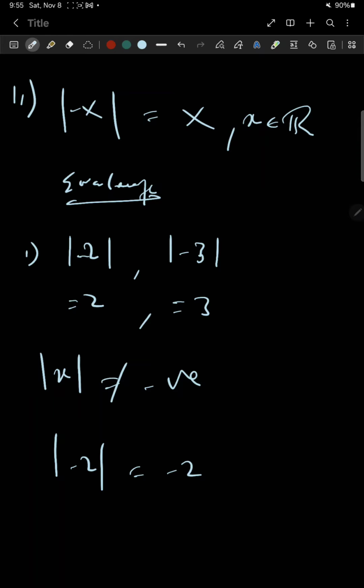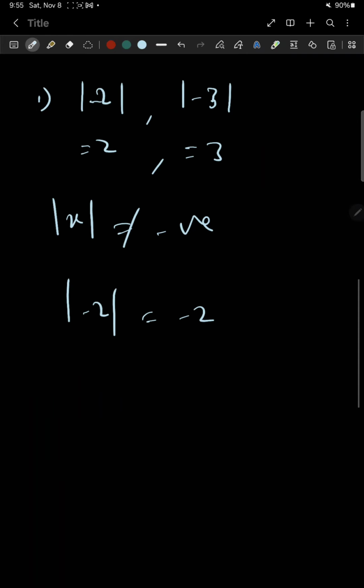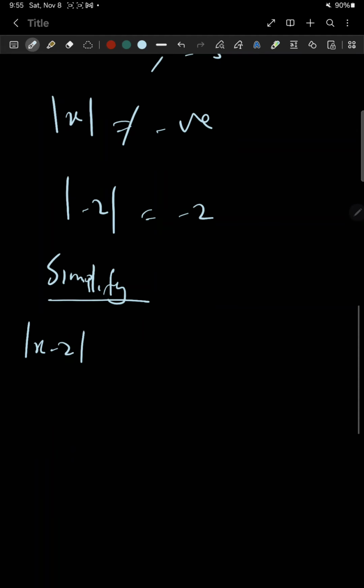Knowing this fact, how do you simplify this? If they tell you to simplify or express the following in piecewise functions, for example, modulus of x minus 2, and also modulus of -x minus 3, and modulus of 3x plus 4, how do you simplify this?